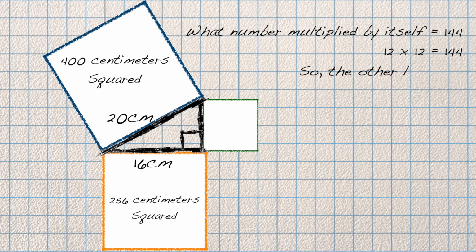Or we can just take the square root of 144. Well, 12 times 12 is 144. So the length of the other leg of this right angle triangle is again 12 centimeters.